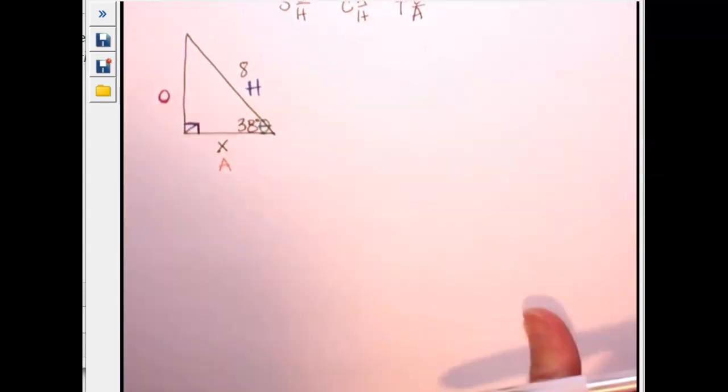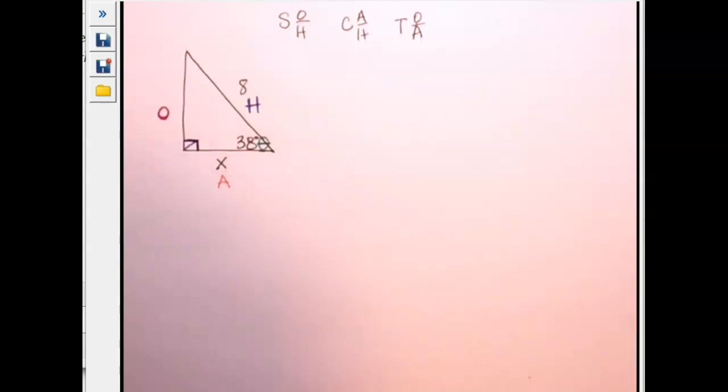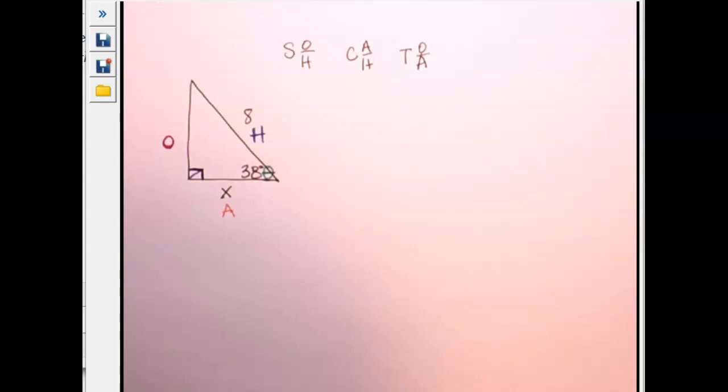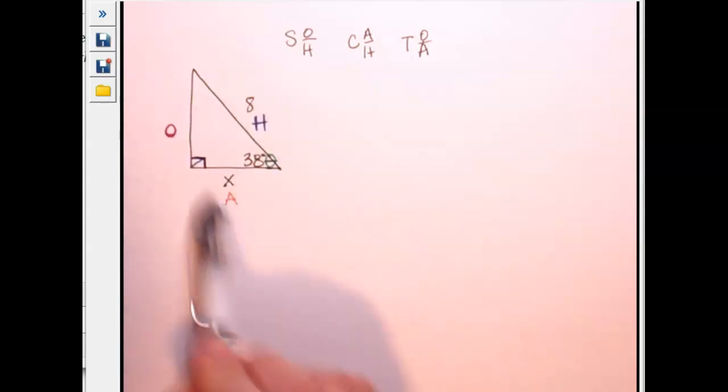Okay, so really quick again. Whoops, move those down a little bit here so we can see those a little bit better. So sine is opposite over hypotenuse, cosine is adjacent over hypotenuse, tangent is opposite over adjacent. And so one of those three is what we need in order to figure out what x is equal to. So again, look at the three sides that we have here. We're trying to find the adjacent.